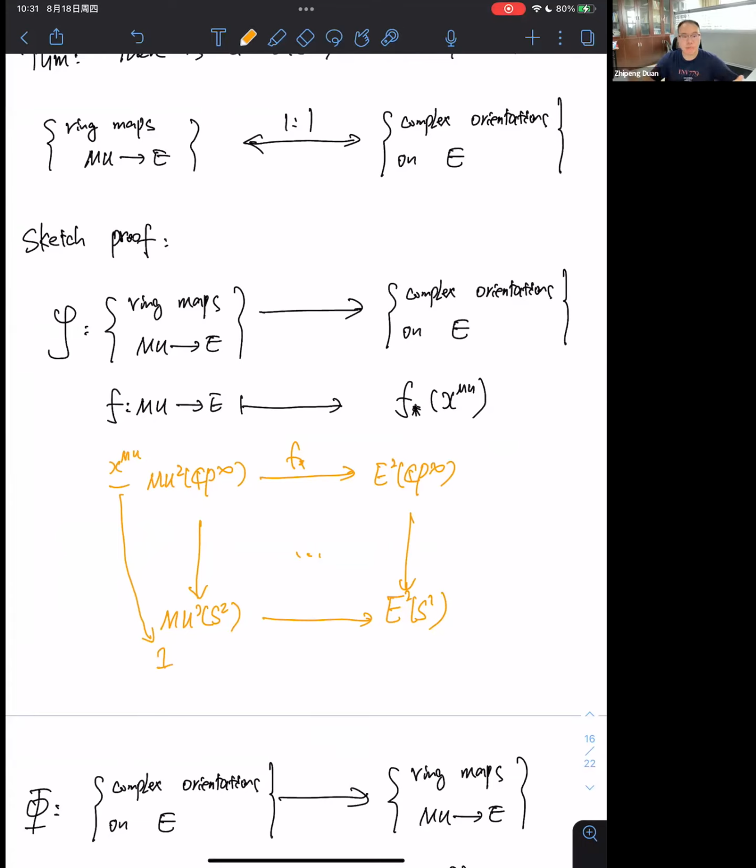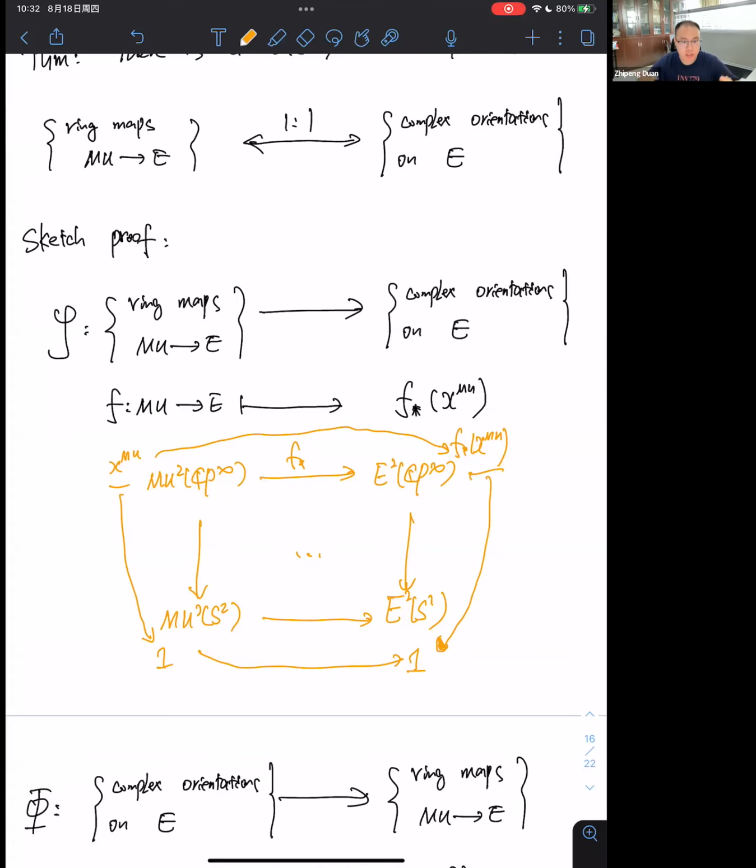This map is a ring map, so on the algebra level, the unit will also map to the unit 1. And at the top level, the class x_MU will map to f star x_MU. So by commutativity, the restriction must also be forced to the unit. So it just means that the class we define, f star x_MU, is actually a complex orientation on E. So this is one direction of this map.